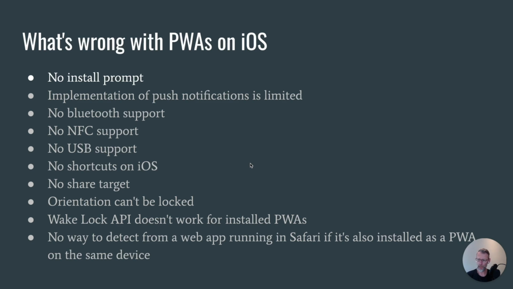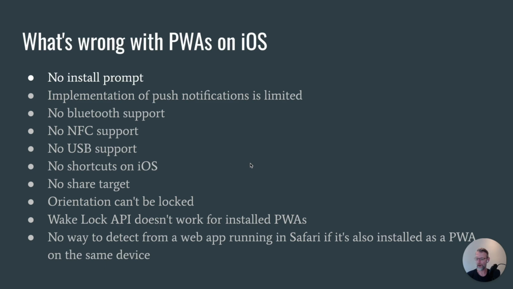There is also no way to detect from a web app running inside Safari if that same web app is also installed as a PWA on that same device. This is something that hinders me personally, for example, for the What PWA Can Do Today app. If you open that in Safari on iOS, you will see a button to install it.